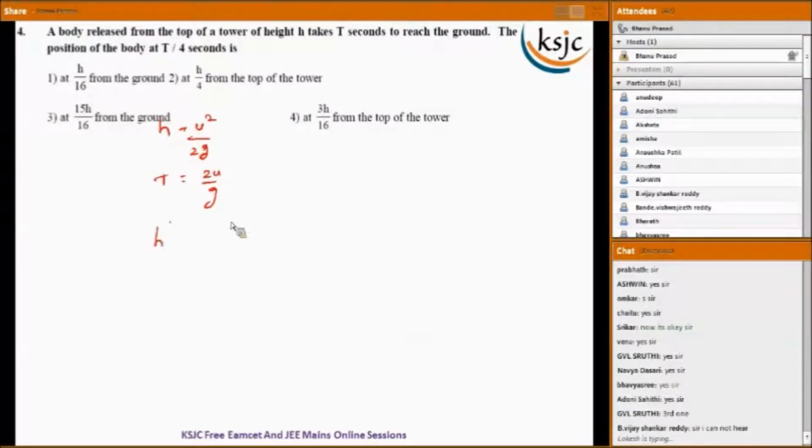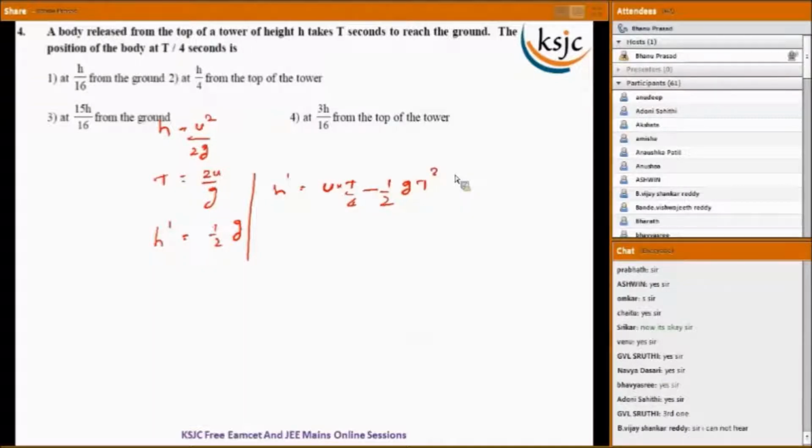So h dash equals half into g, sorry, let me come again, h dash equals u into t by 4 minus half g t square.